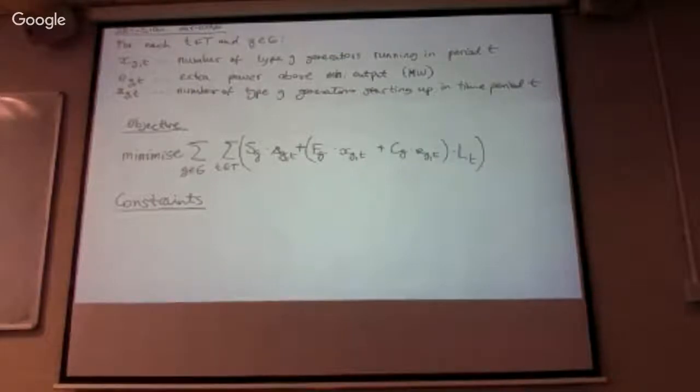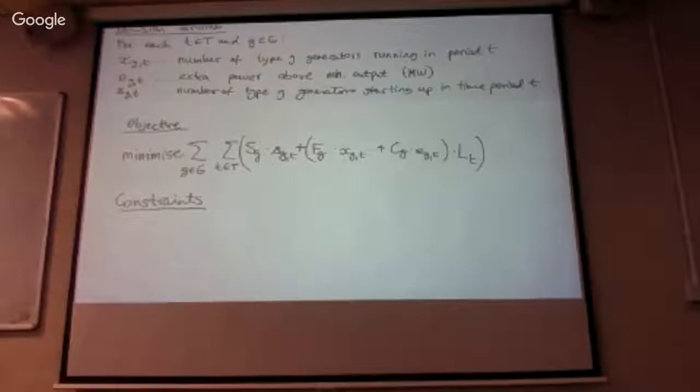I'm looking for any constraints now. I'll go from the left, so the first in the table.